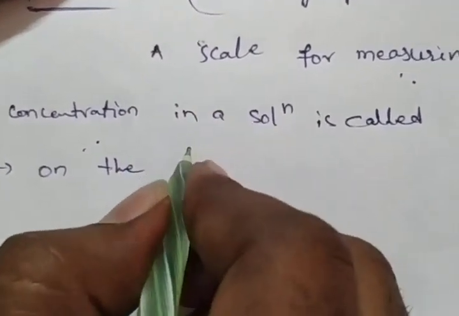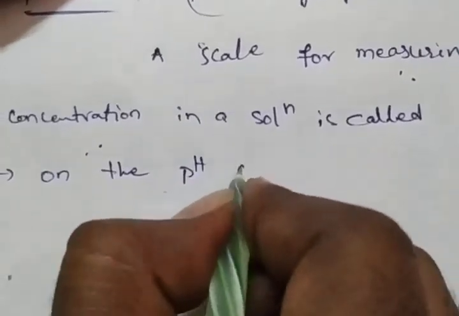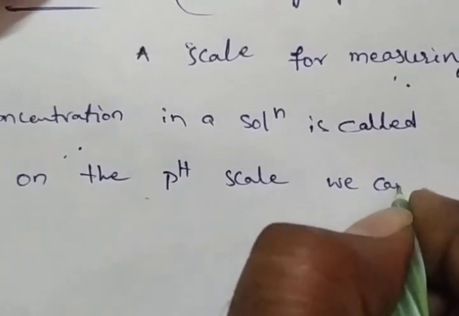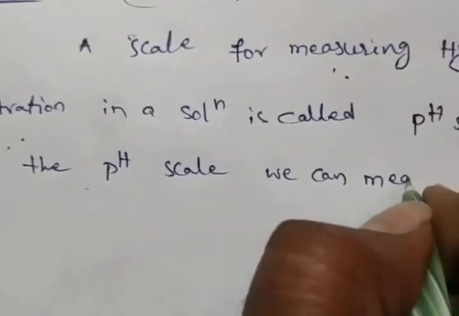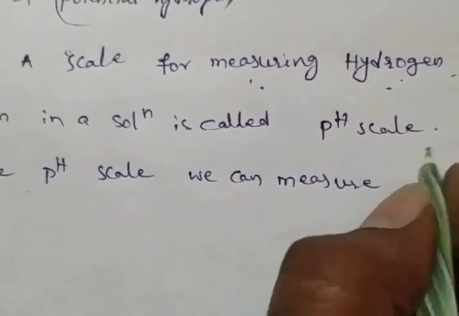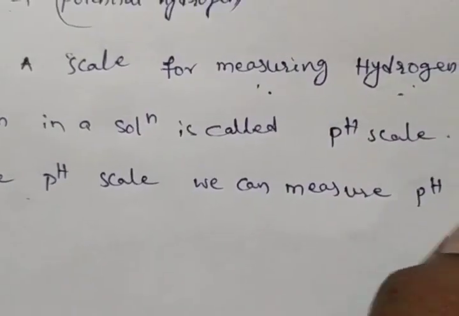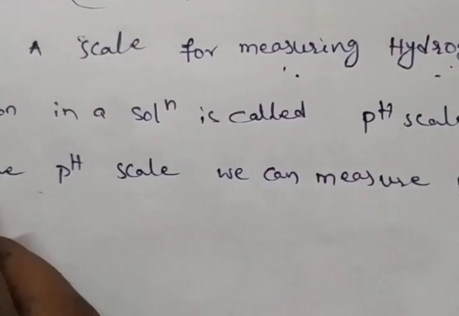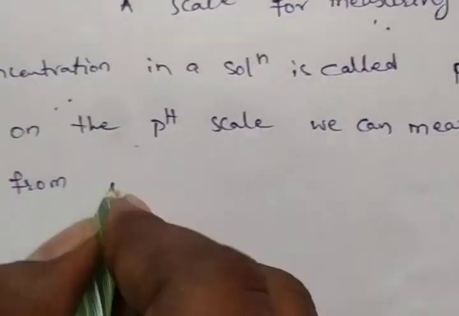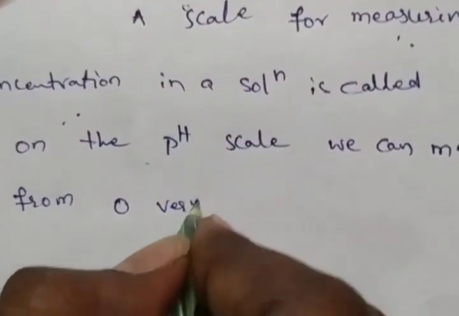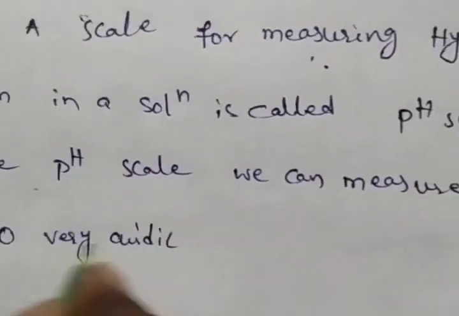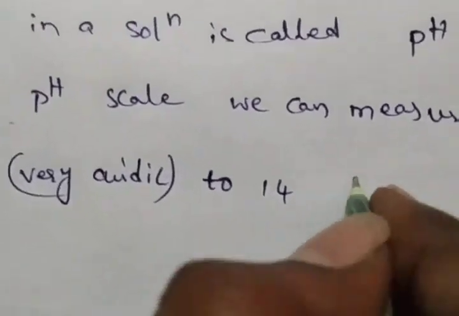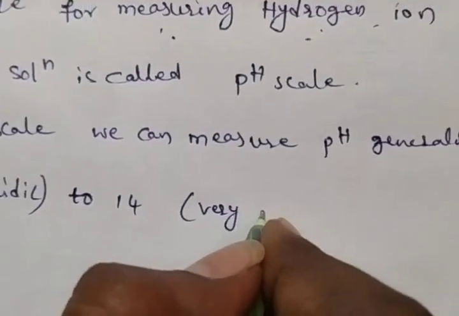On the pH scale, we can measure pH generally from 0 to 14. 0 is very acidic and 14 is very alkaline.